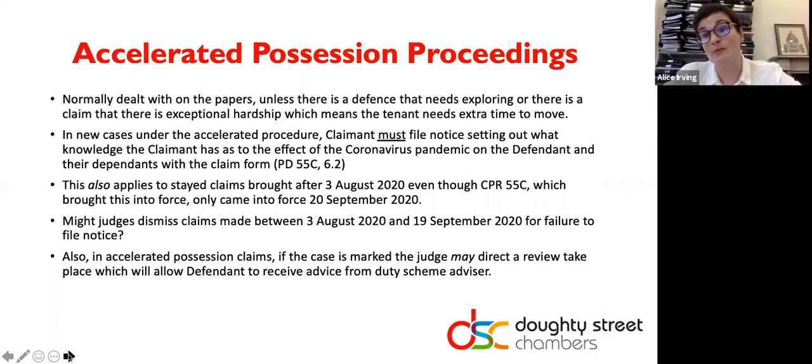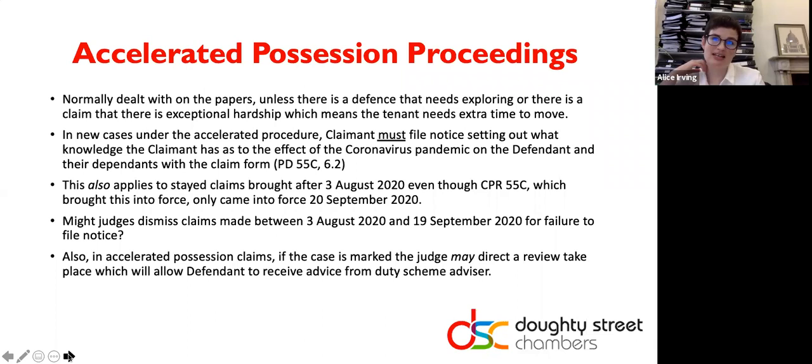So that has to go in with the claim form, is what PD 55C says. It also says that not only does that requirement apply to all new cases, so anything from after the 19th of September, but it applies to any case brought after the 3rd of August.